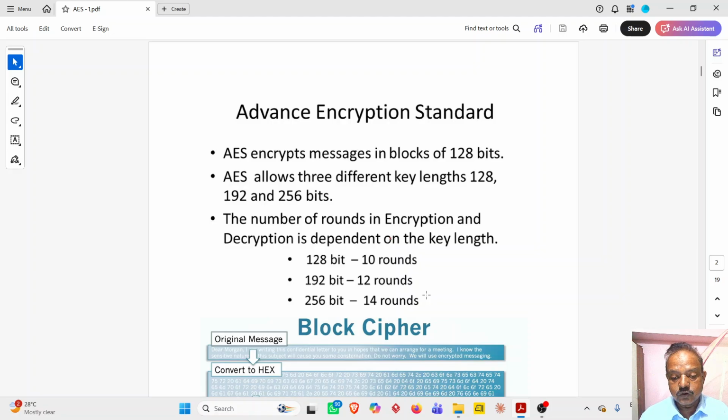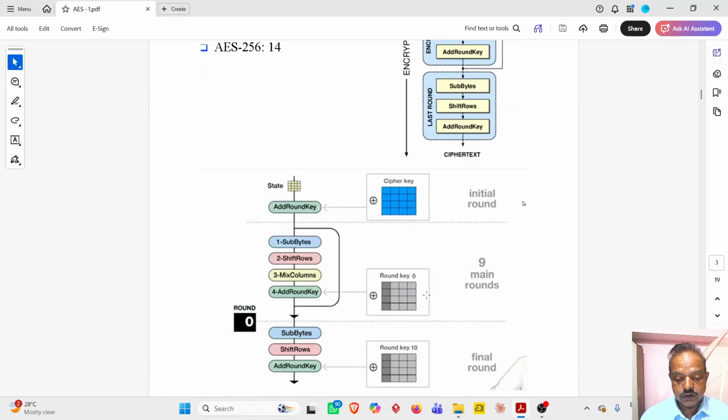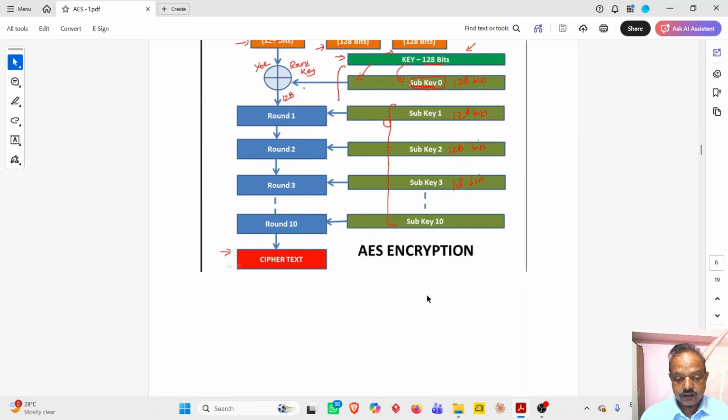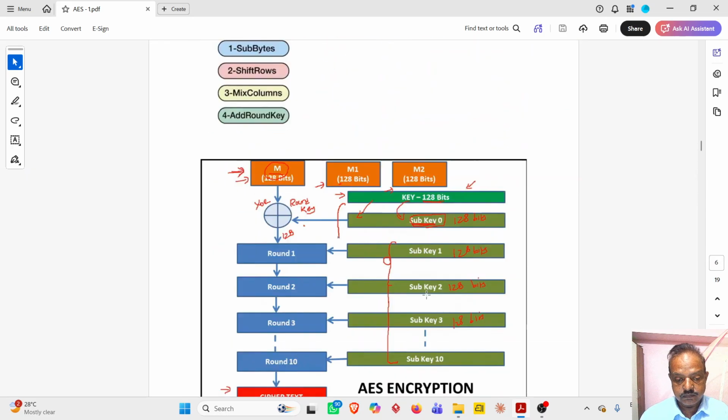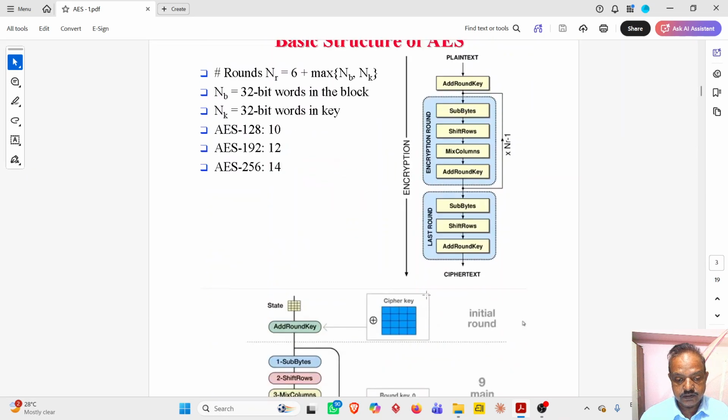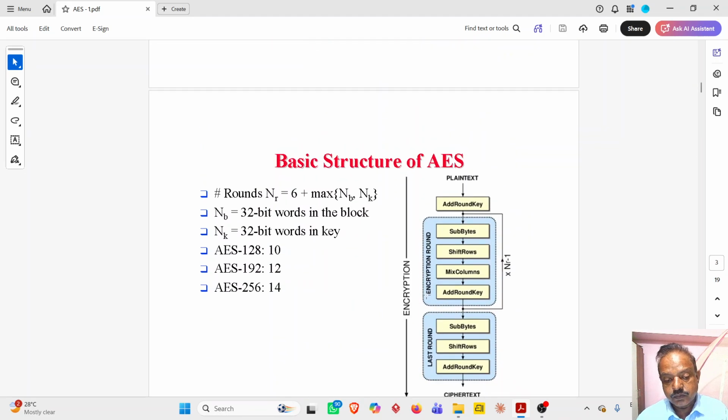So till now, a 128 bit key is enough, and the number of rounds required is based on the key we are using. Actually, there is a formula. The number of rounds NR is equal to 6 plus the maximum of NB and NK.